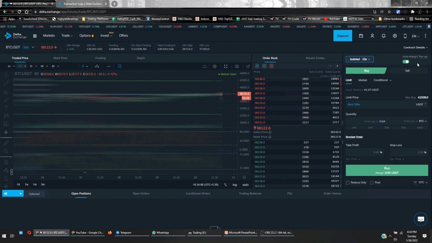The liquidation price will be decided by the platform and will be shown to you on the terminal itself. The higher the leverage you use, the closer the liquidation price will be to your entry price.